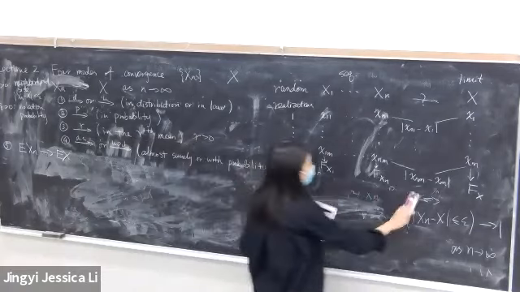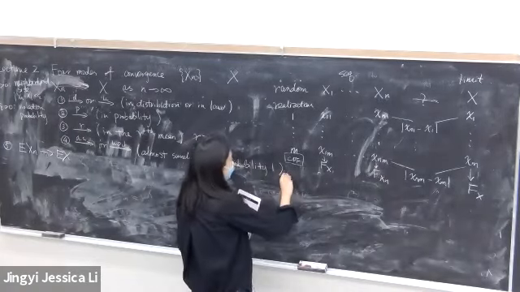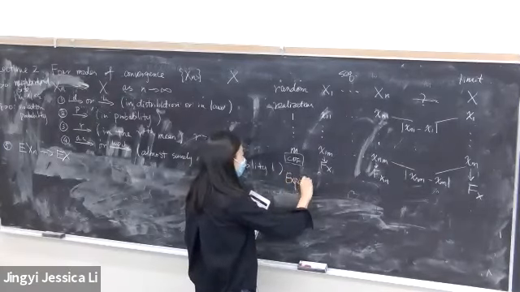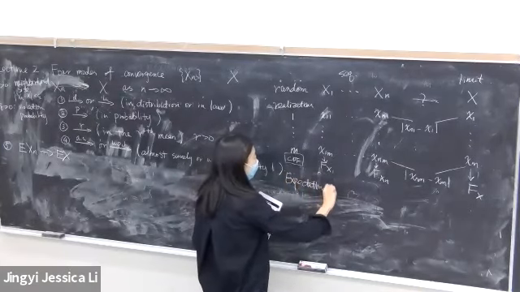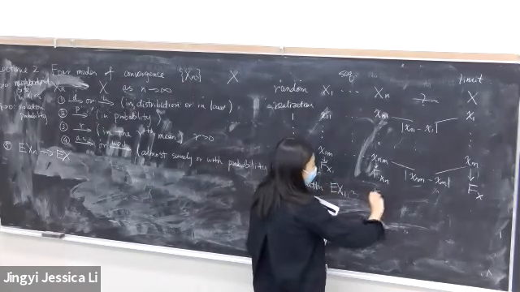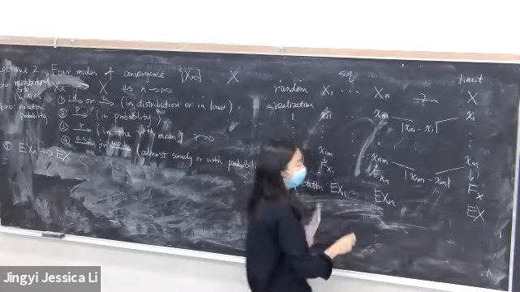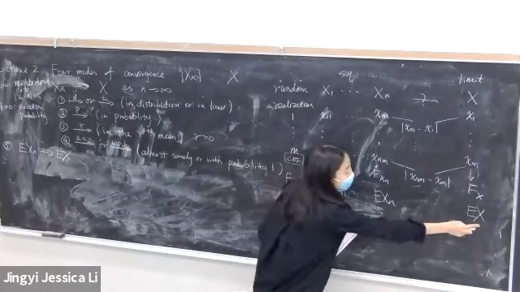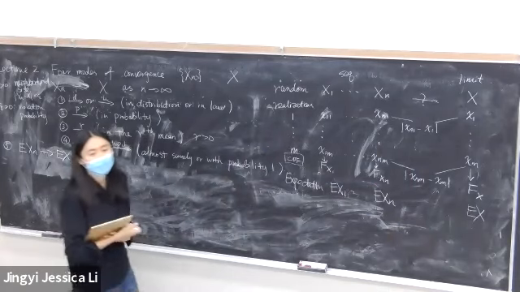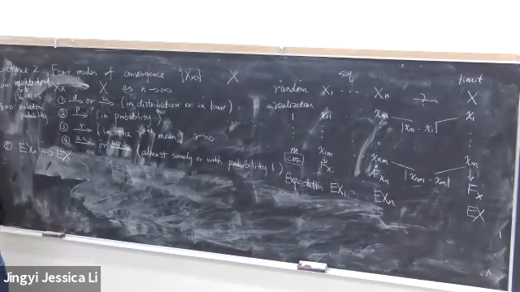I have expectation of X1, expectation of Xn, expectation of X. This gives me a sequence of numbers, and the limit is also a number. And I'm curious whether this helps.